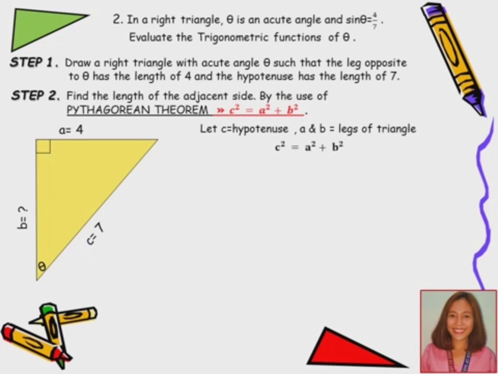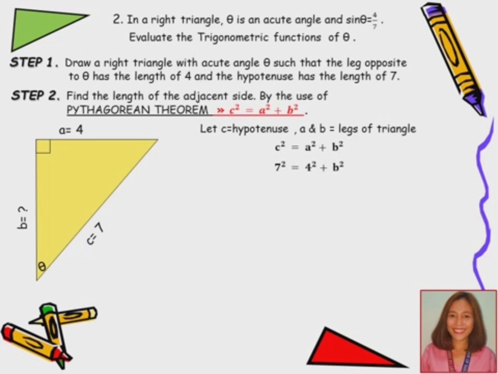By the use of the Pythagorean formula, c squared equals a squared plus b squared, we are going to substitute the values of a, b, and c. So c is 7, a is 4, and b is unknown. So substitute.